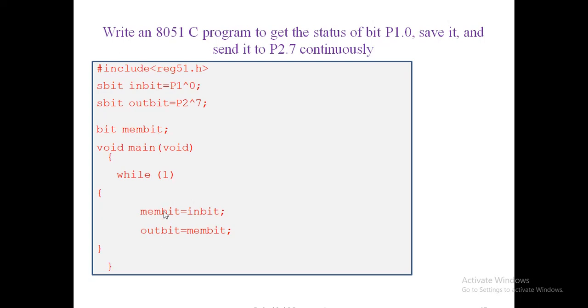So the 8051 microcontroller randomly selects one bit from the RAM bit-addressable locations. After that, whatever bit is stored in that RAM bit-addressable location has to be moved to outbit. Outbit here I mentioned as P2^7.